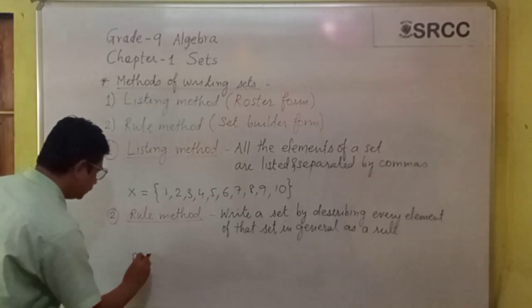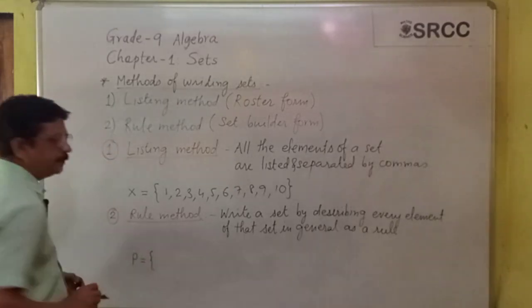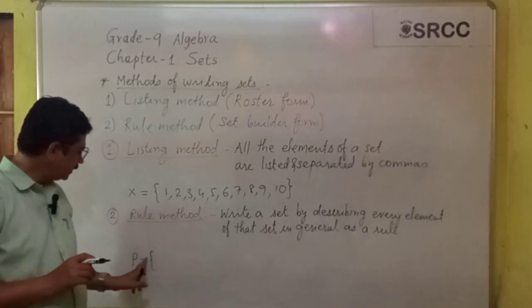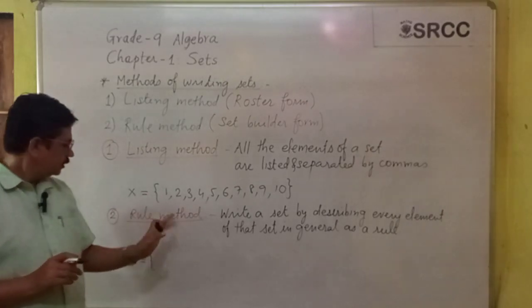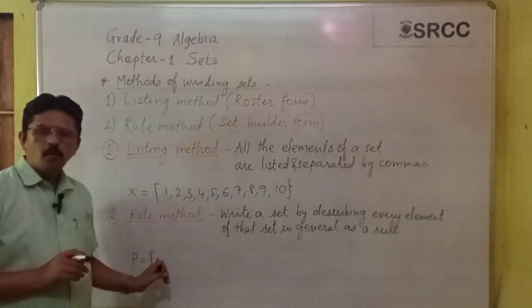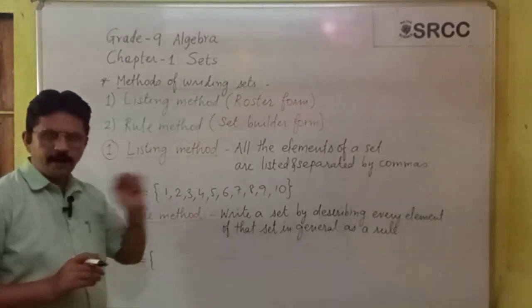Suppose we are taking P as the set of perfect squares from 1 to 100.